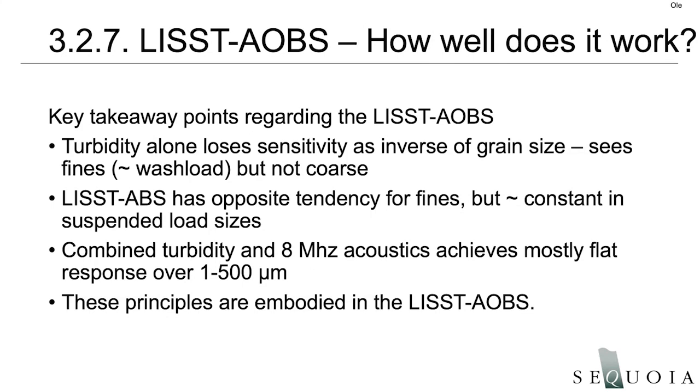There we take advantage of the fact that they have opposite tendencies in that Ka less than 1 regime, where the turbidity sensor compensates for the lack of the ABS in that regime. And in the Ka 1 and larger, the ABS takes over and supplies the signal. And those are the principles that essentially make up the AOBS.